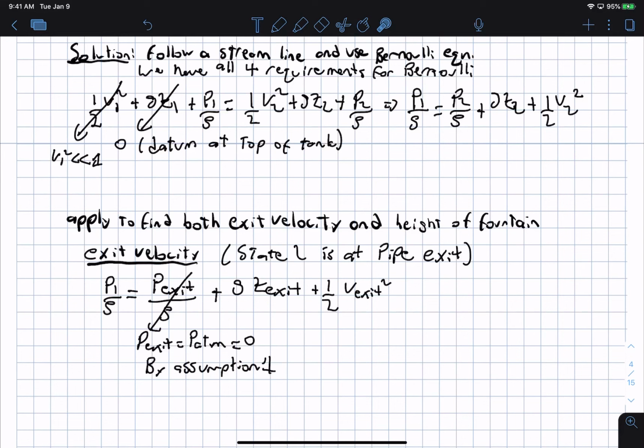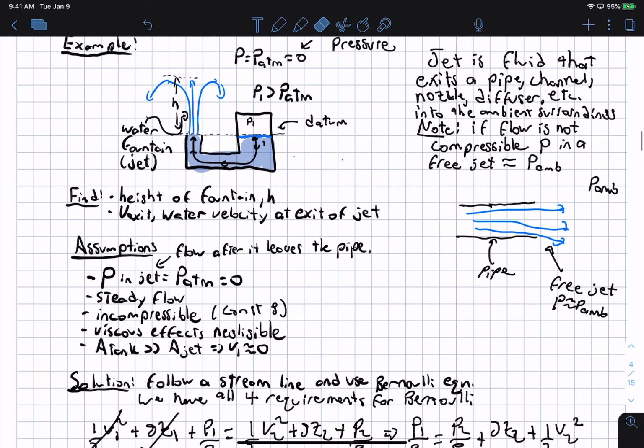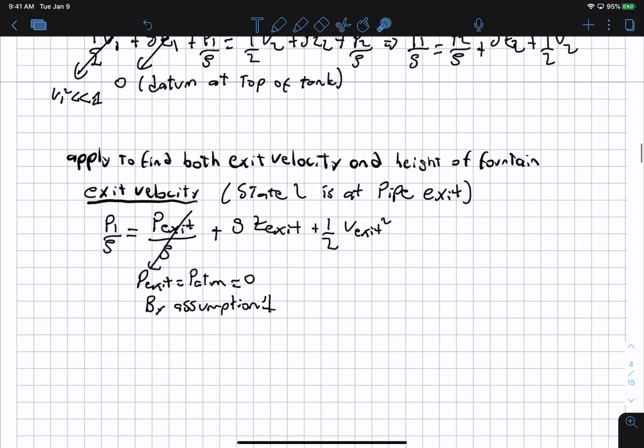Okay, and so now if we go back to point 2, for finding the exit velocity we are assuming that point 2 is here, which is exactly on the datum. So with respect to the datum, the elevation is 0. Okay, so Z exit equals 0, and V exit is what we are trying to find.